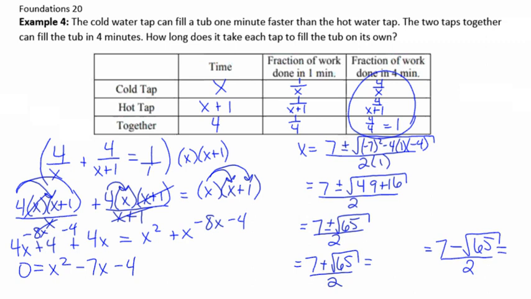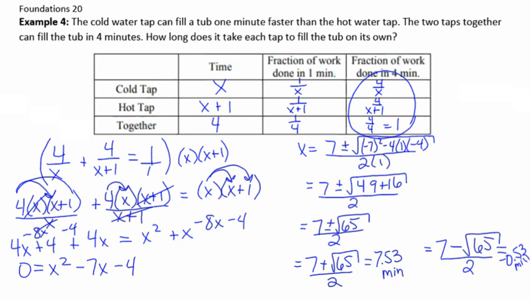So the first one, 7 plus root 65 over 2, is 7.53 minutes. 7 subtract root 65 over 2, negative 0.53 minutes.